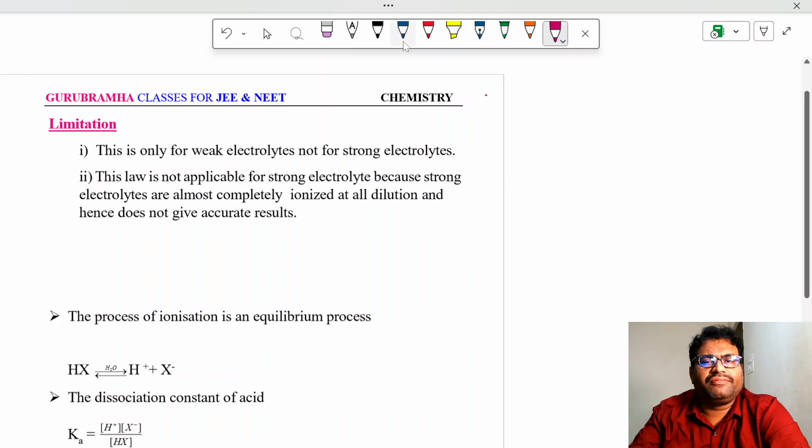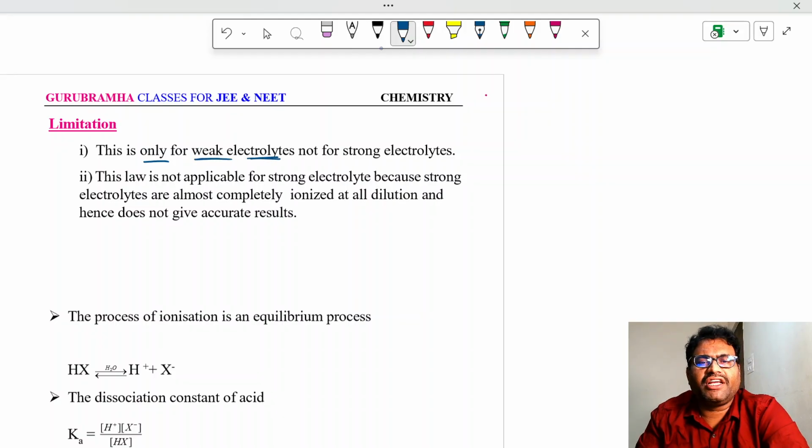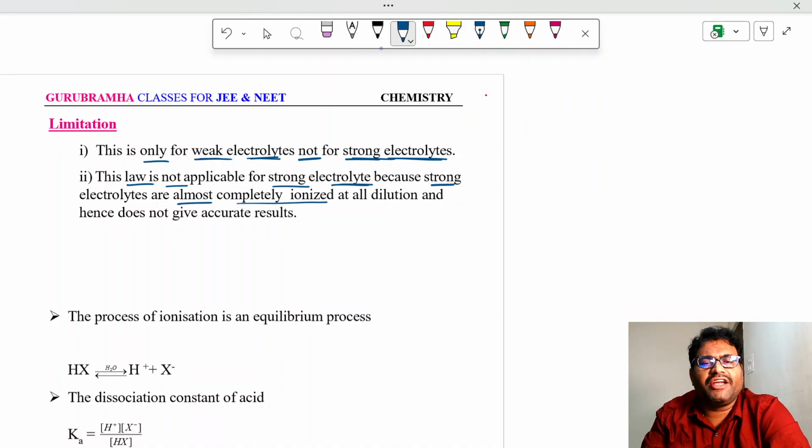Limitation of Ostwald dilution law: this is only for weak electrolytes. It is applicable only for weak electrolytes and not for strong electrolytes, because strong electrolytes dissociate completely. This law is not applicable for strong electrolytes because they are almost completely ionized at all dilutions.